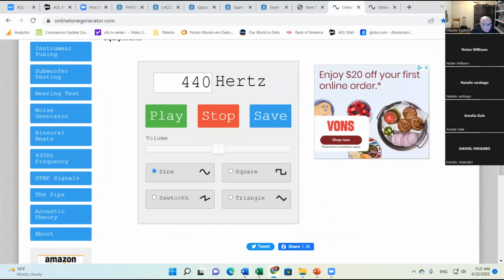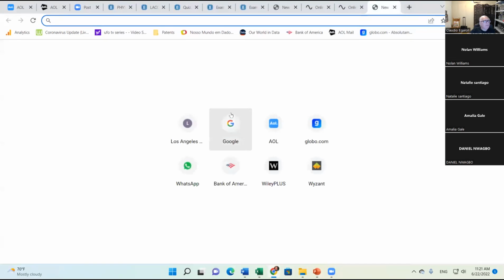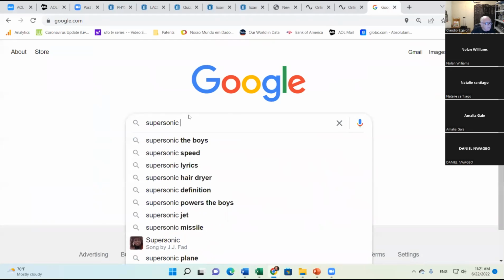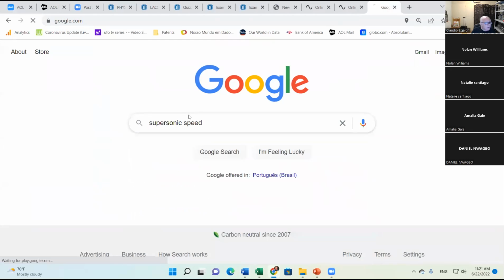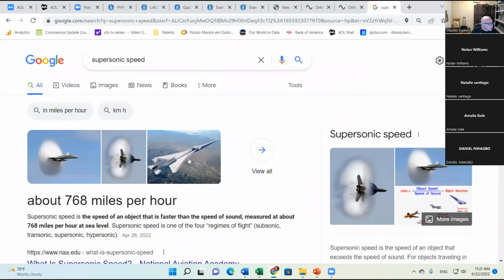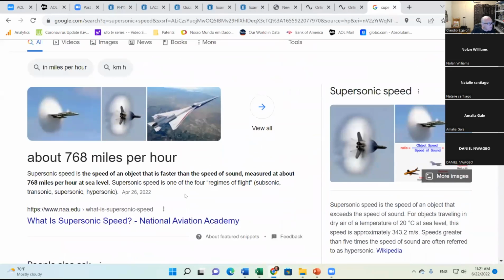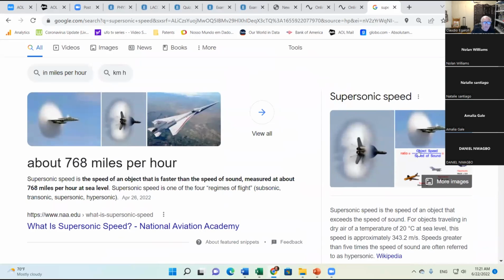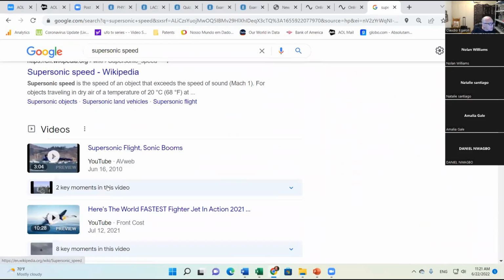Let me see if I can find some real life examples of supersonic speeds. There's some pictures. Okay, that's the case. That's not exactly what I want, but that's the region of high pressure, right? But let's see here.